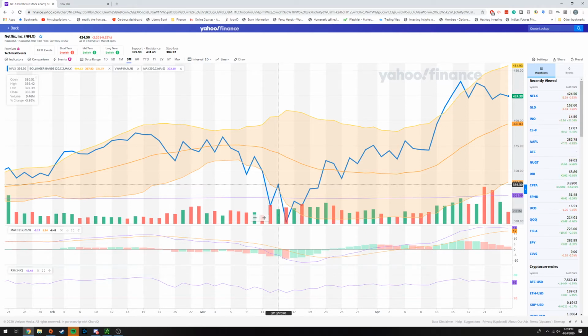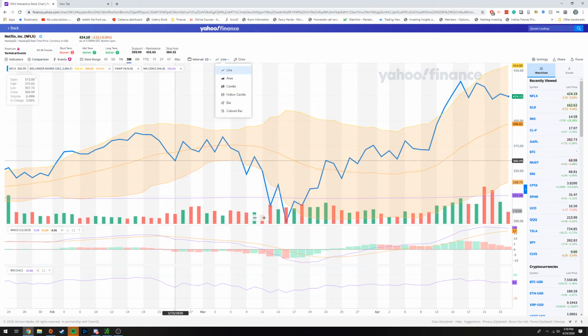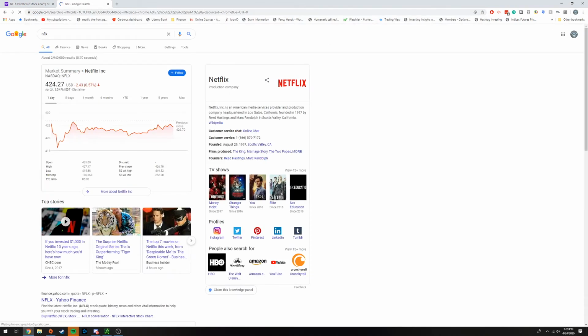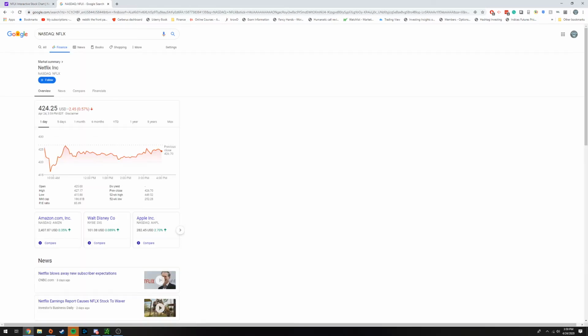Those are just some of the indicators I used to look at, and I like to look at the volume too. And then you can just take all that into account. But you can't just look at this. For example, if you're really intent on buying a stock, I would highly recommend going to Google, searching Netflix, and as soon as you come right here, there's top stories, and then you can hit more about Netflix, and it brings you to this.